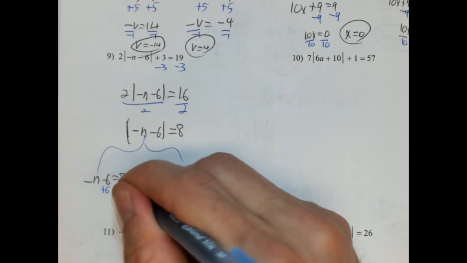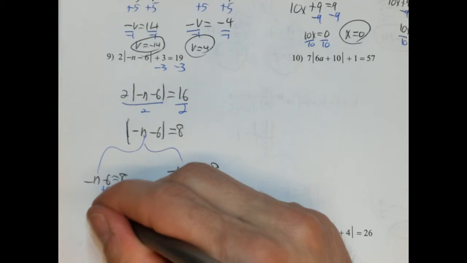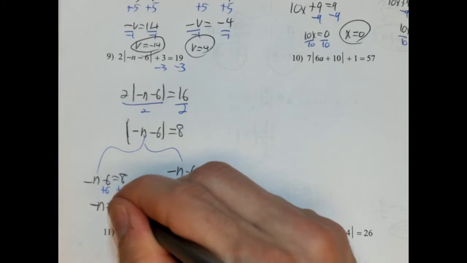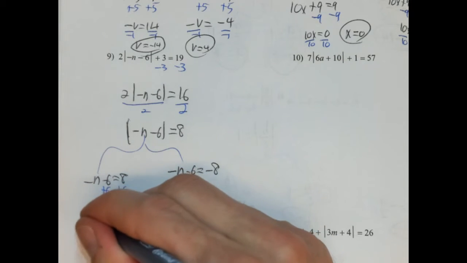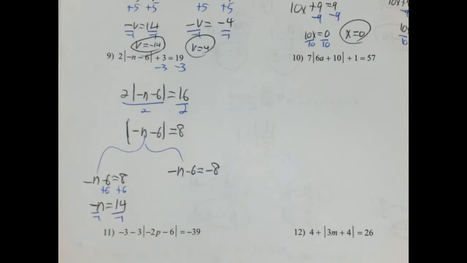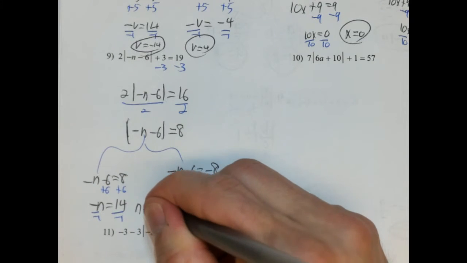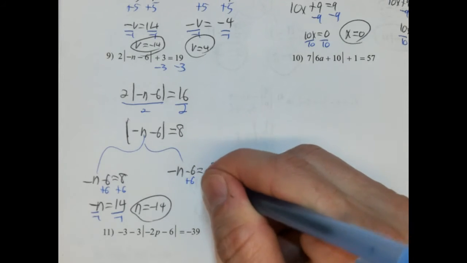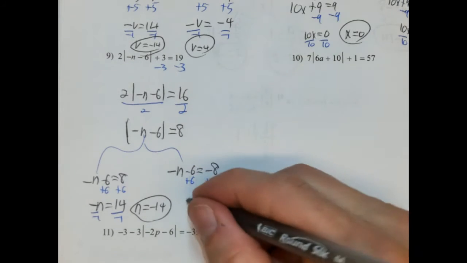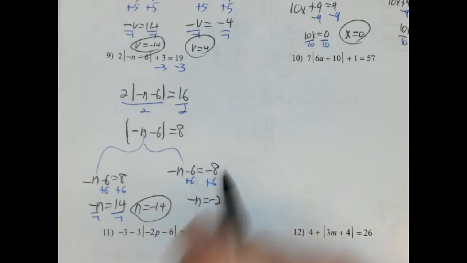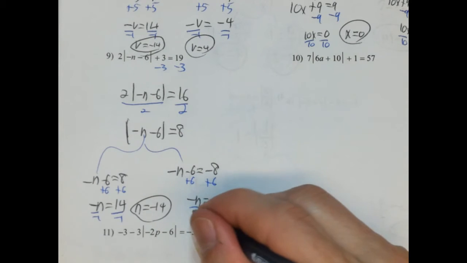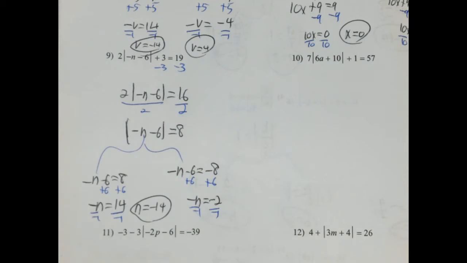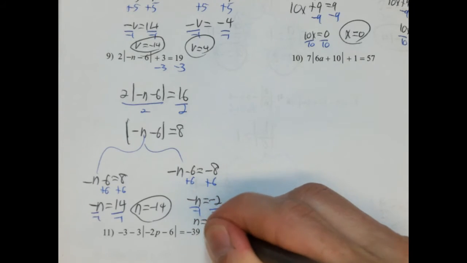Plus 6, negative n equals 14, and divide both sides by negative 1, n is equal to negative 14. So negative n is equal to negative 2, divide both sides by negative 1, n equals 2.